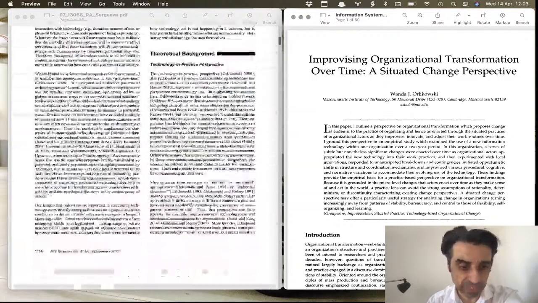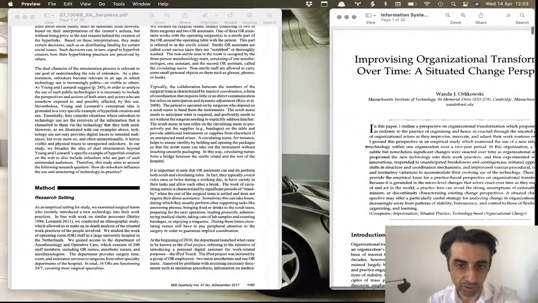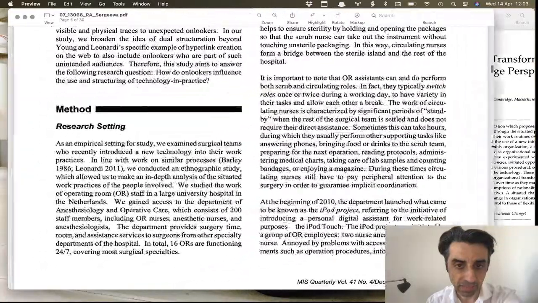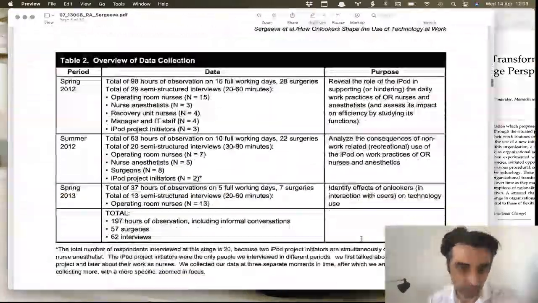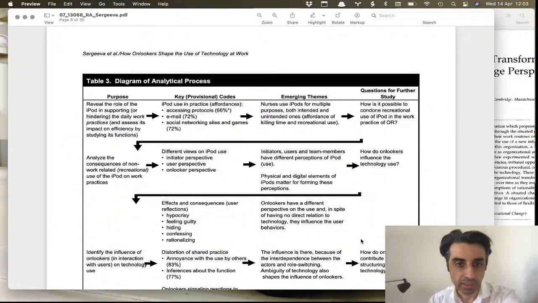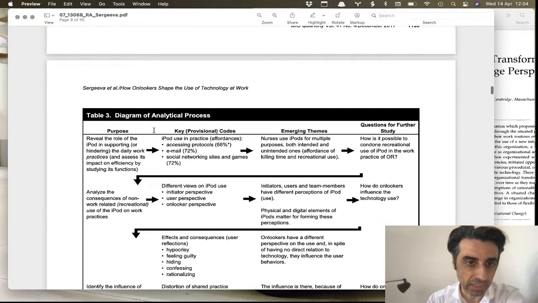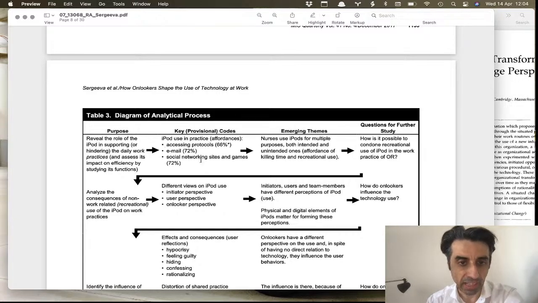That has this really nice, I want to show you, I'll zoom in here, this really nice representation. This is of method, not of results. Okay, so I really love this. What they did is they made this diagram of an analytical process that is divided into four columns.